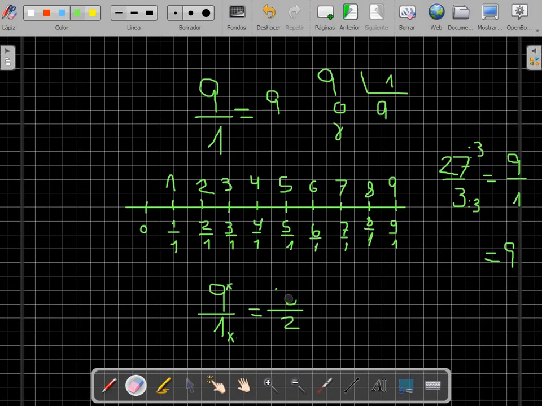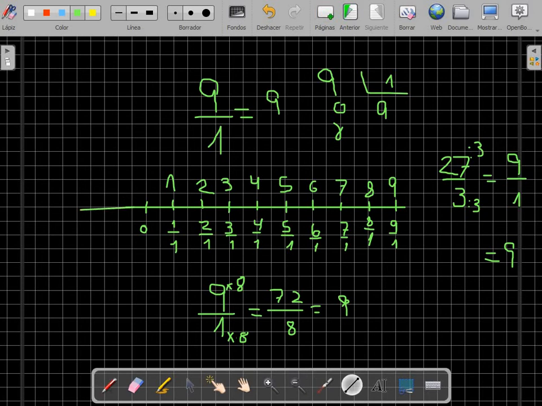What number will I get? 9 times 8 is 72, and 1 times 8 is 8. 72 divided by 8, once again, is also 9. This is something really, really interesting that fractions have.